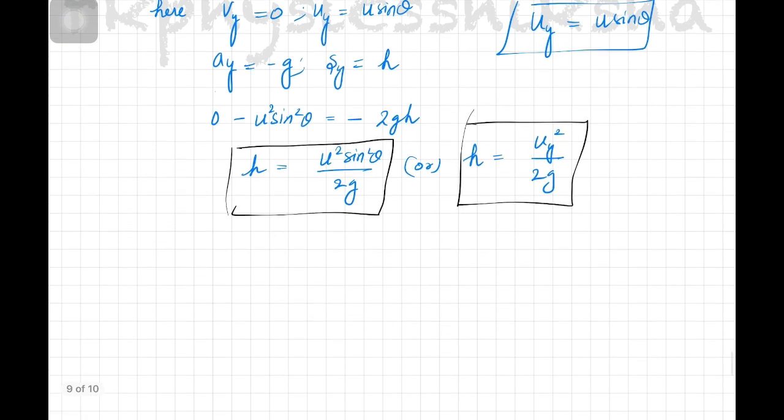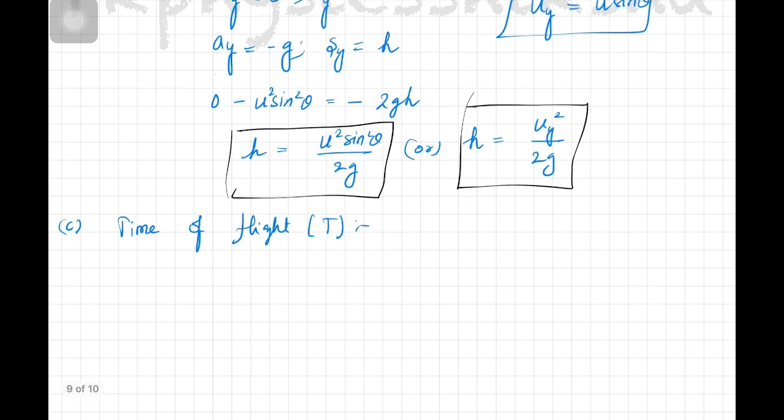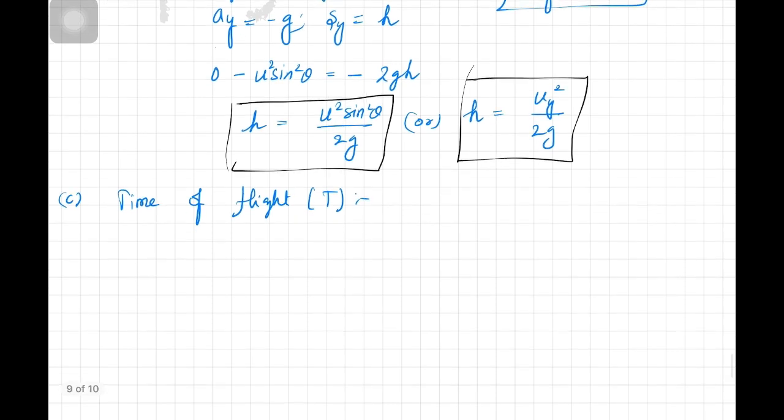And here we can now calculate the time of flight. I represent the time of flight with the capital letter T. The time of flight is the total time for which the particle remains in the air. For that I use the equation Sy is equal to Uy into T plus half into Ay into T square.